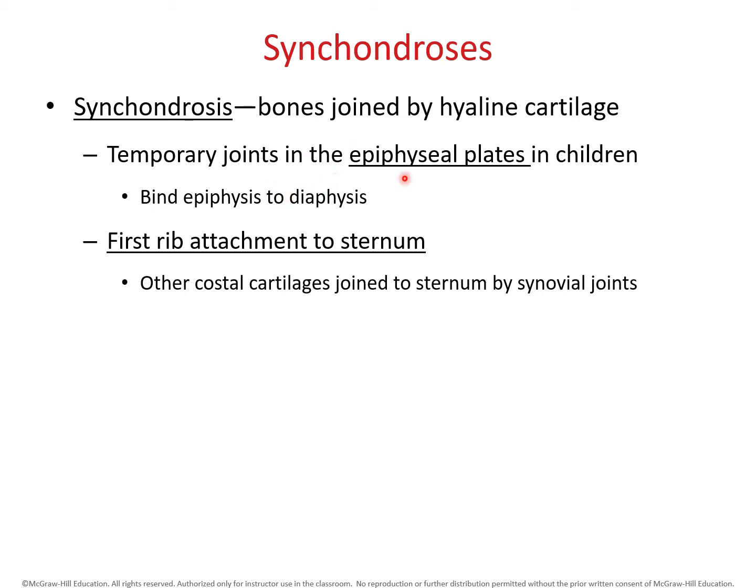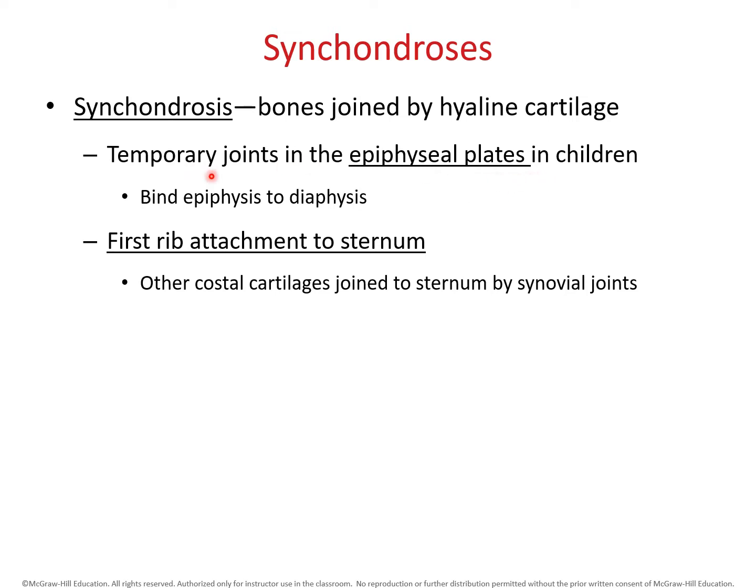Where do we see these synchondroses? Well, believe it or not, the epiphyseal plates, which you learned about in chapter 7, where we find our growth zone, where we see growth in length of a bone, can be classified as joints during development only.